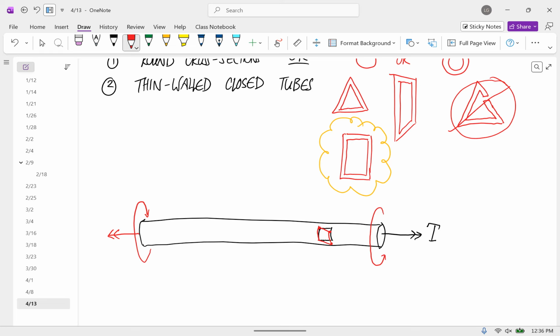That's a shear strain. And what kind of shear stress do you need to create a shear strain like that? Well, you would need this to go down, which means this would go this way. And then you'd have this up, and then this way.